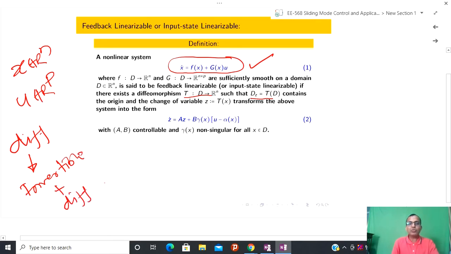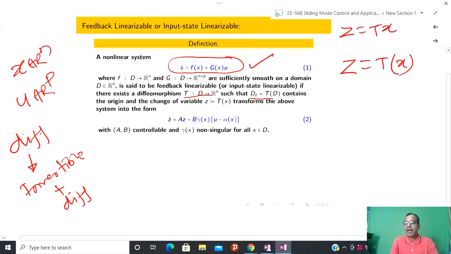So I am going to talk about this kind of map, T(x). You might have seen that whenever I am converting to regular form, at that time I am assuming T as a constant matrix, and we define the transformation like this, T into x.